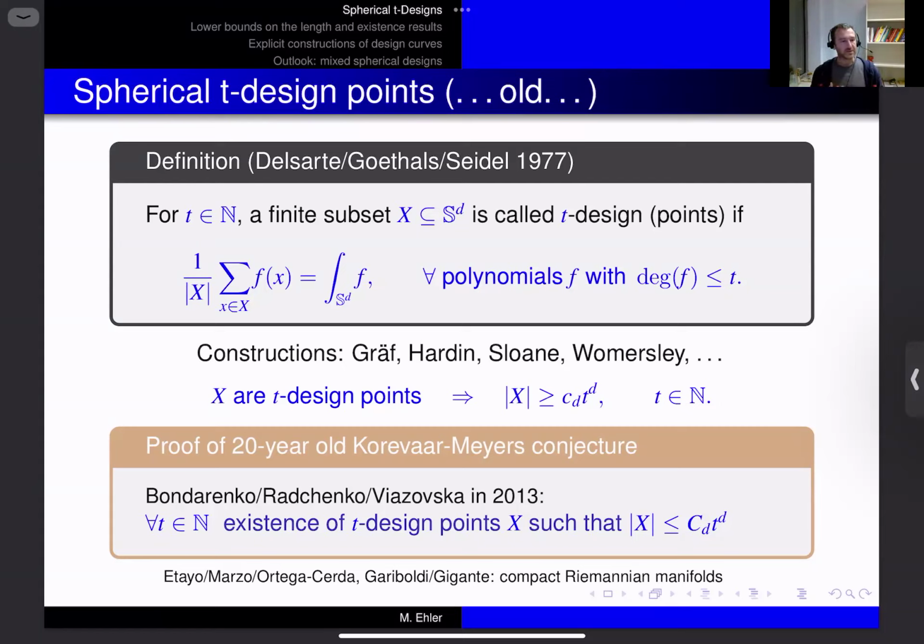So for all natural numbers T, there do exist T-design points whose cardinality is bounded by a constant times T to the dimension of the sphere. And over the last years, this has also been generalized to other settings beyond the sphere, essentially to compact Riemannian manifolds as well. Okay.